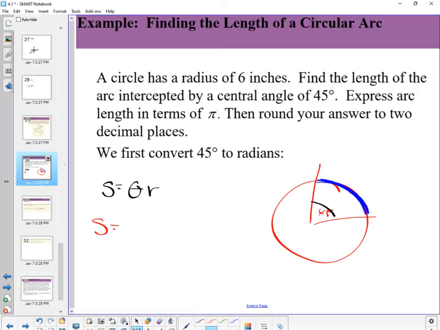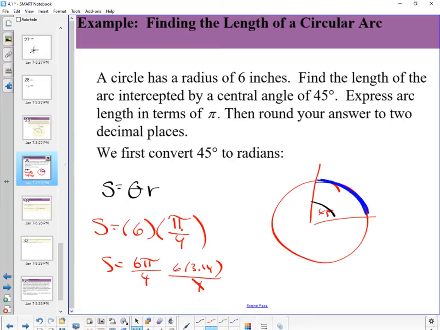So, I want to find that blue distance. The radius happens to be how much? 6. And what's the measurement of that angle in radians? It should be pi fourths, right? So this is going to end up being 6 pi fourths. 6 times 3.14 over 4. How much is 6 times 3.14?